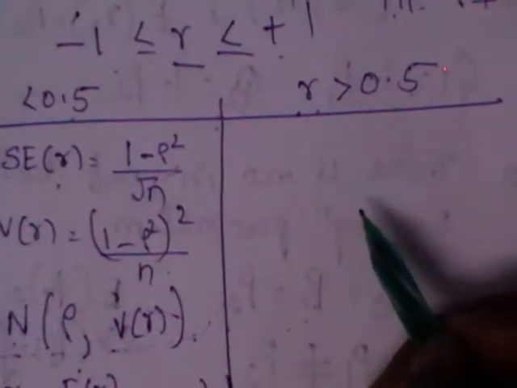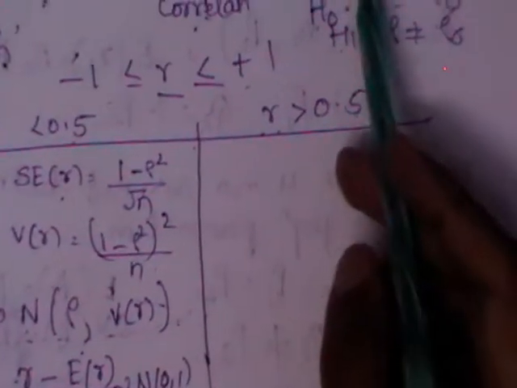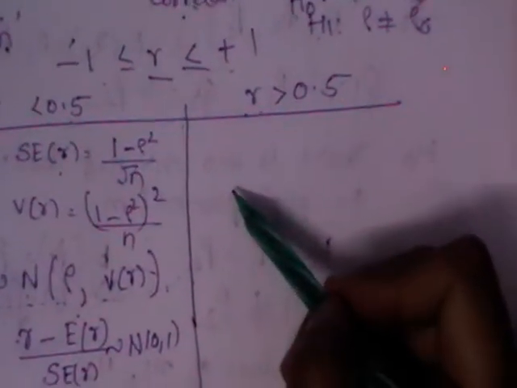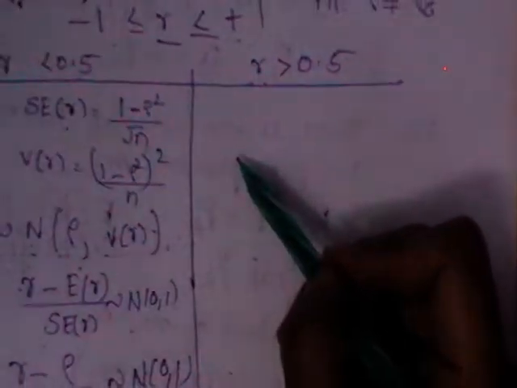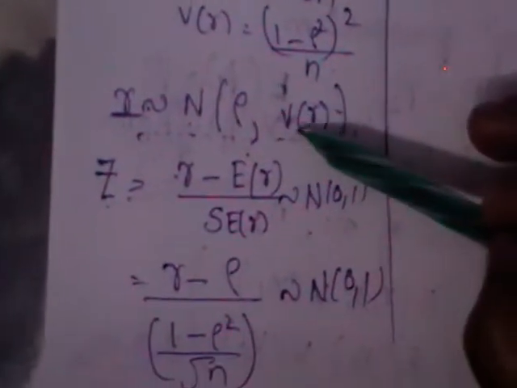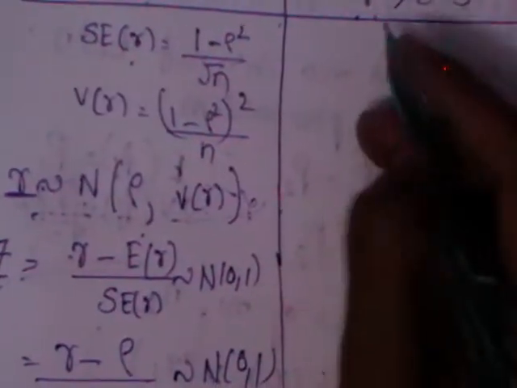To write the test statistic under a large sample test, you should follow a normal distribution, as we know using the central limit theorem. But here, when r is less than 0.5 only, this sample correlation coefficient r is a normal variate with these parameters. Whenever r is greater than 0.5, this isn't valid.